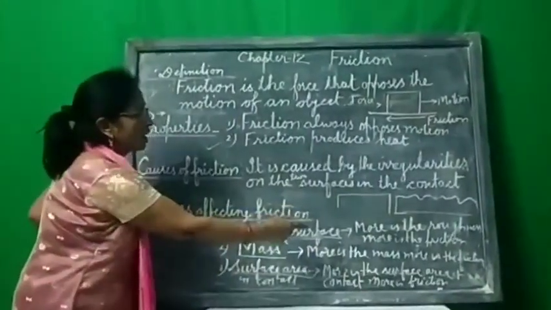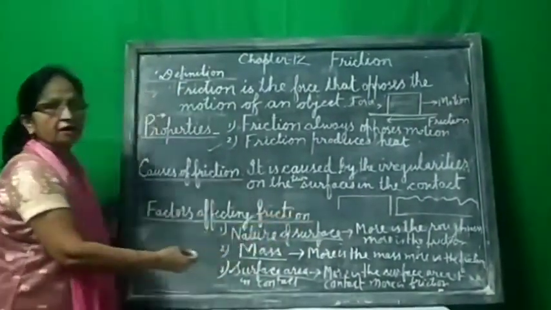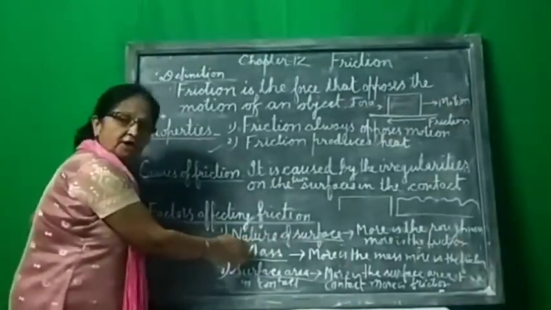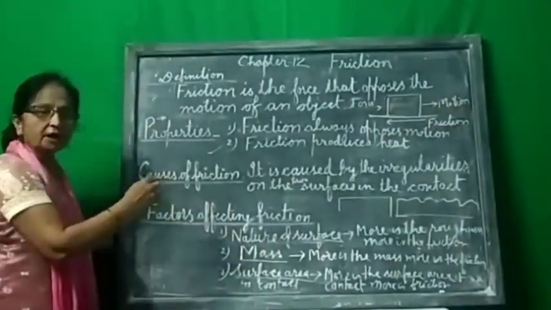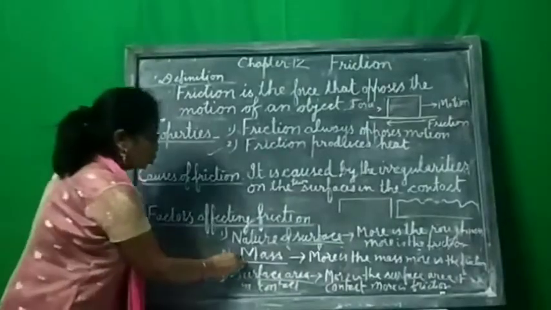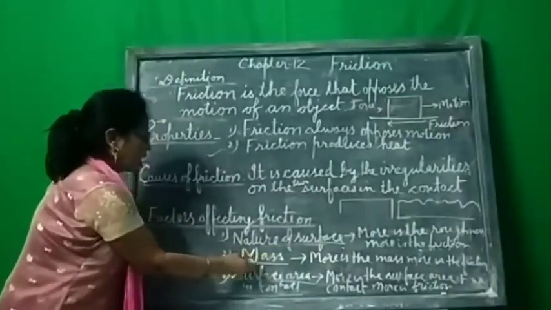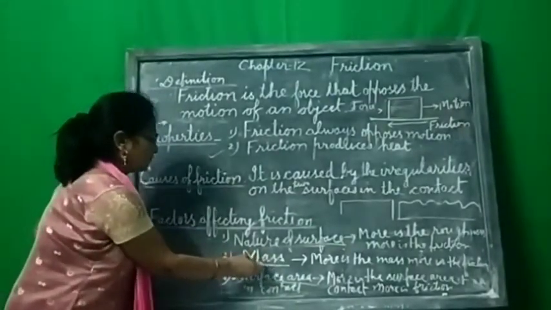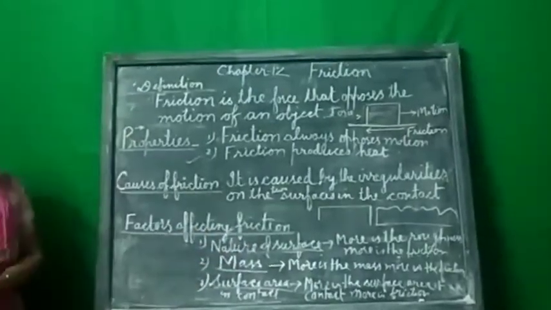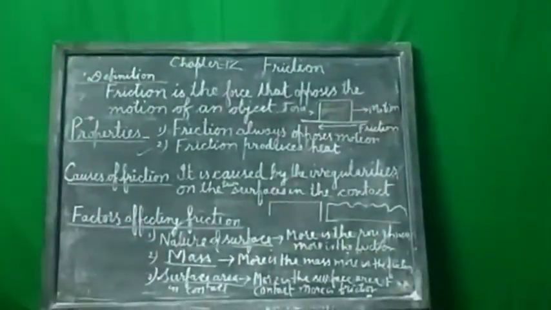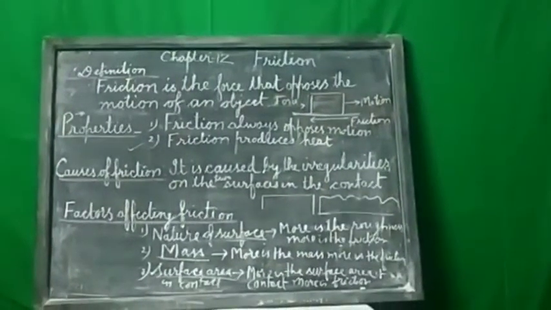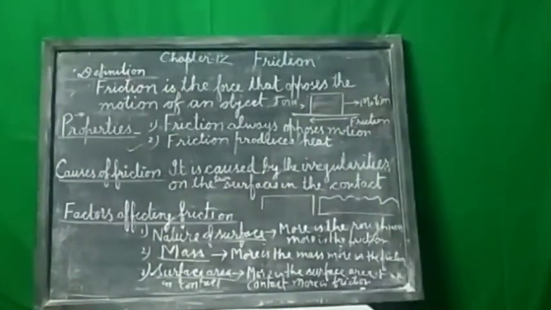More is the mass, more is the friction. Now I am again explaining with an example so you can understand how mass is affecting the friction. Just take a brick and push it on the floor with your hand.